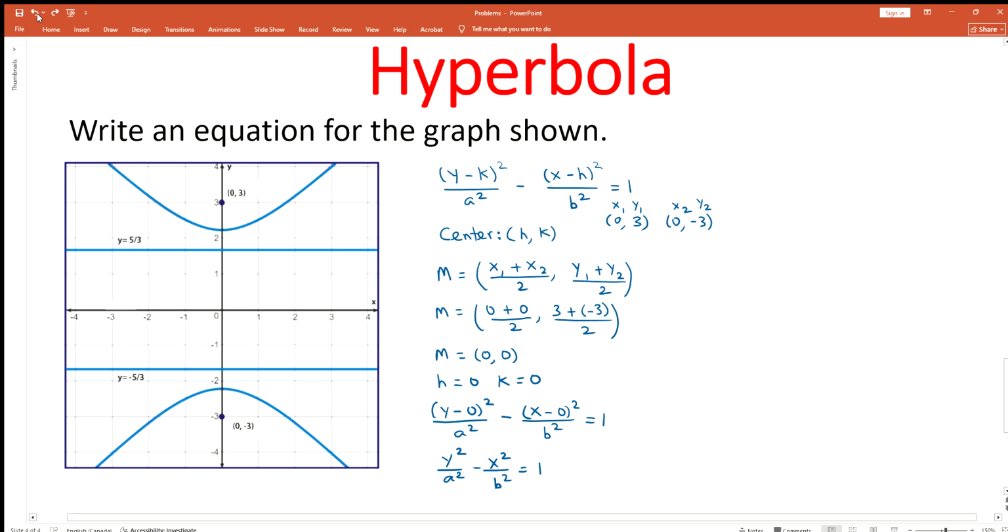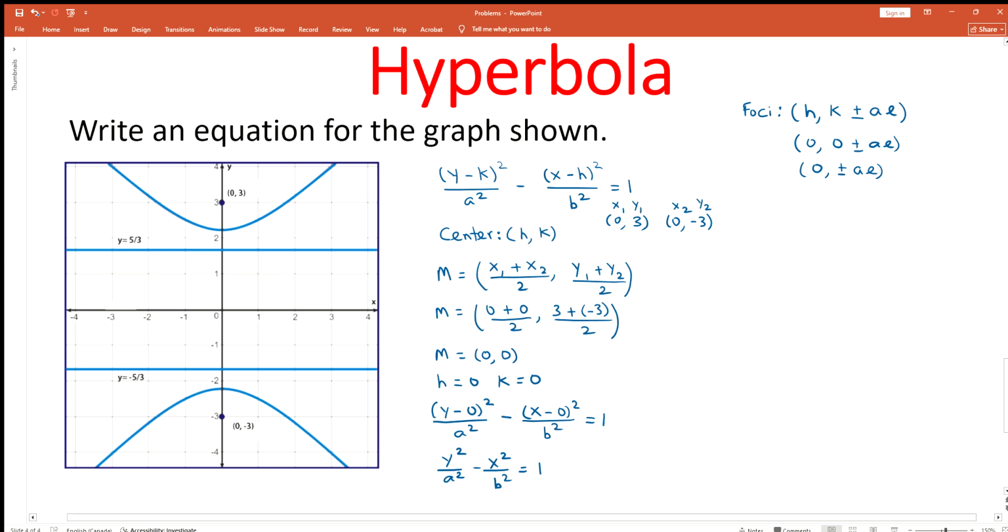For a hyperbola in which the curves open in the upward and downward directions, the foci points can be defined as (h, k plus minus a times e), where e is the eccentricity of the hyperbola. Since h is equal to 0 and k is equal to 0, the general formula for foci becomes (0, 0 plus minus a times e) or (0, plus minus a times e).